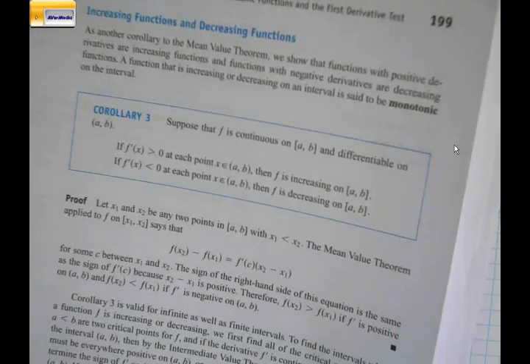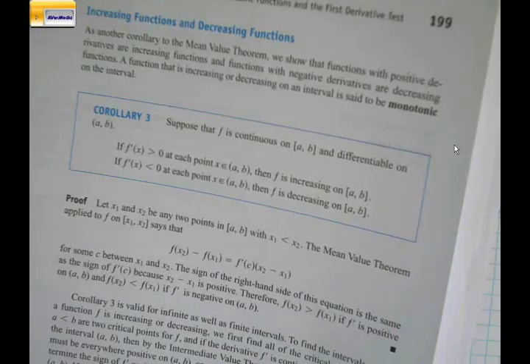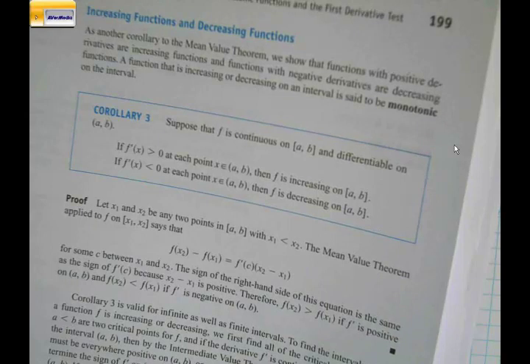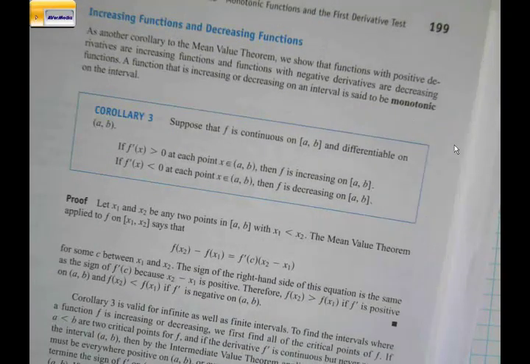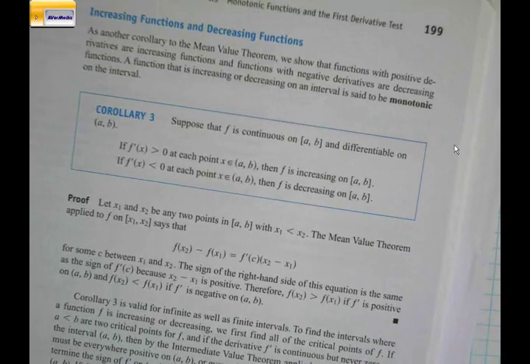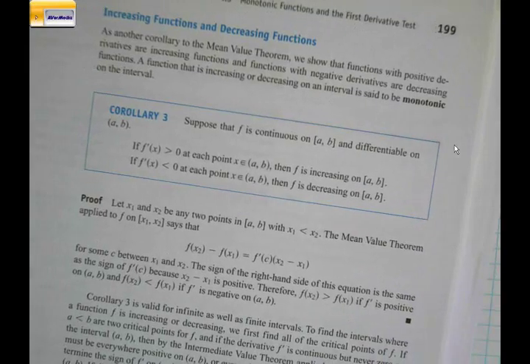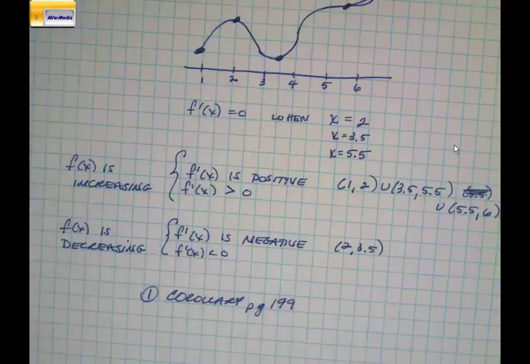And I don't have it marked because this is not the book I have at home where I underlined it. But they're going to want you to write these intervals of increasing and decreasing as open intervals with parentheses, not closed brackets. But I can't find it. But they're going to want you to have open intervals.